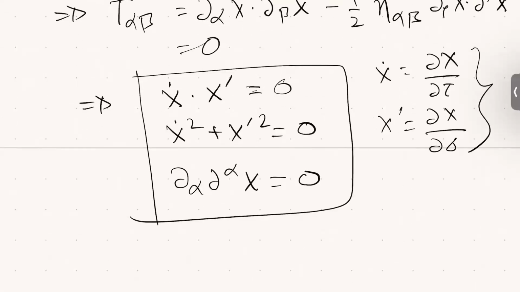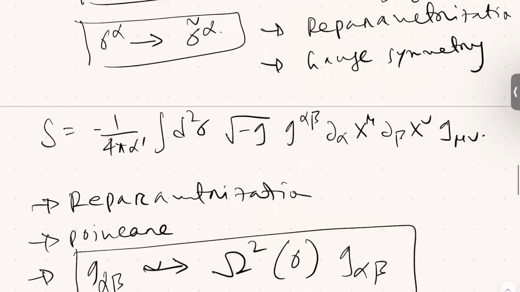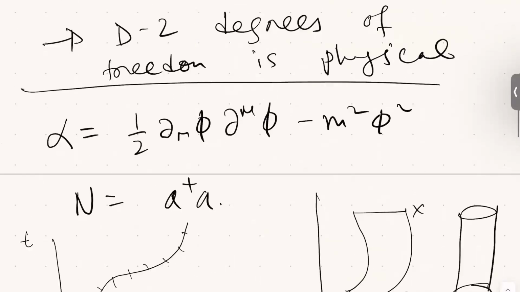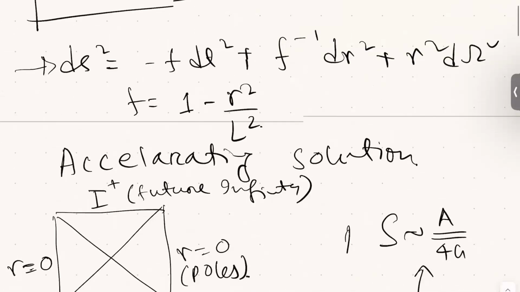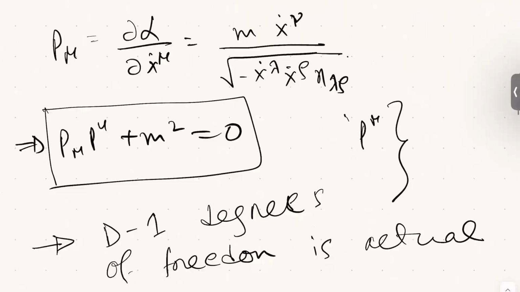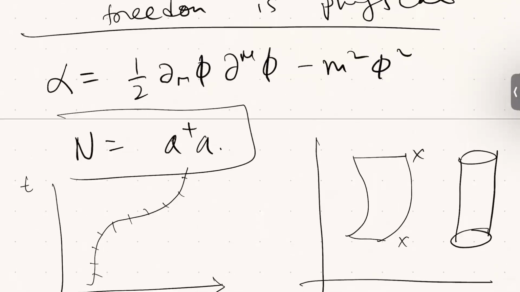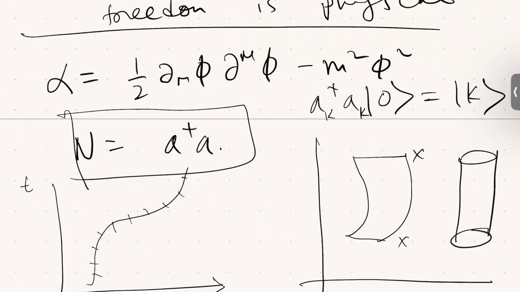Now, I will not go into too much detail into how to solve it. You can find it in the book. But I just want to point out here that whenever there was a scalar field, this was the number operator, right? And you act with the creation operator on the vacuum to create a state with a label k, right?